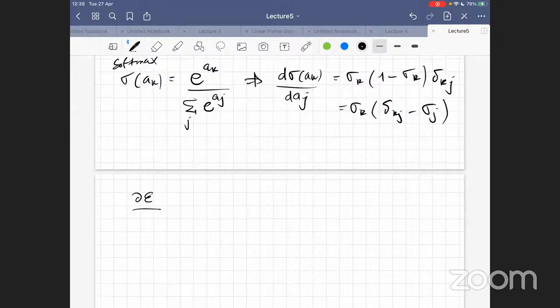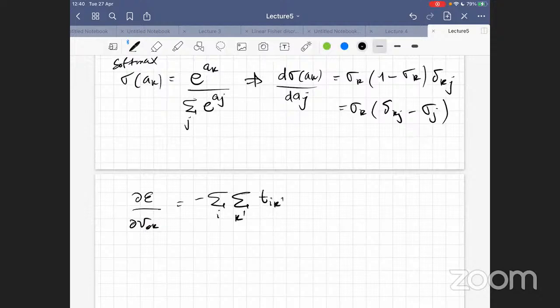So what is the derivative of the cost function, the cross entropy, with respect to the intercepts of the last layer? So I am applying heavily the chain rule. So this is just minus the first sum, and in the other sum I am putting a k prime here because k is already reserved as an external index.